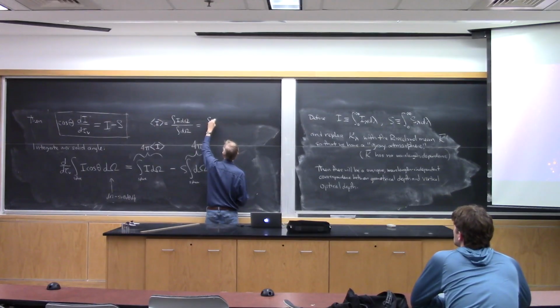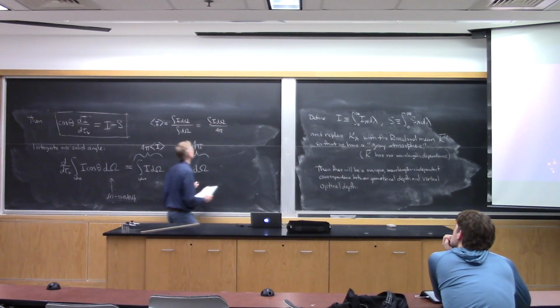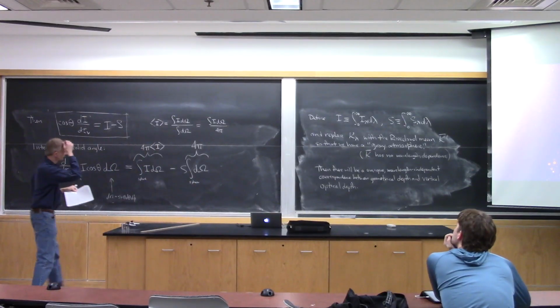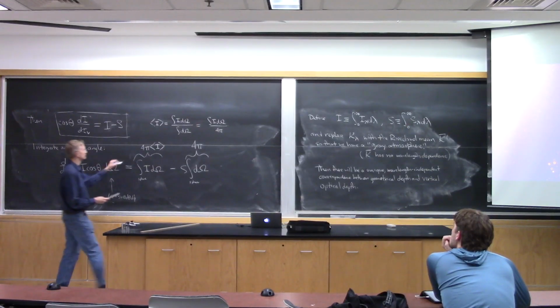So it's just the integral of I d omega divided by 4 pi. Therefore, the integral of I over the sphere is by definition 4 pi times the mean intensity.